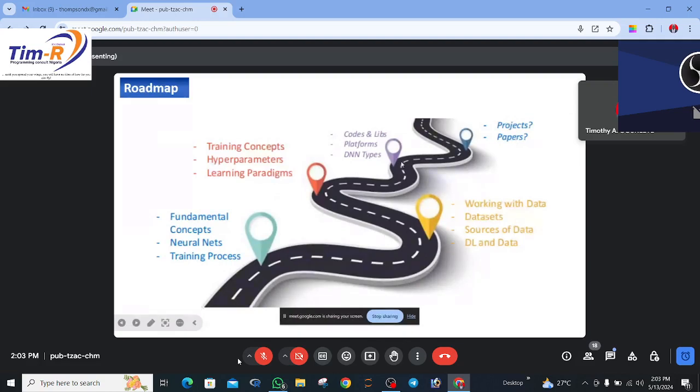So this is our roadmap, and we are done with one, two, three. We are moving to four, and then the last part, which is five. This is where we will eventually end the training, and there's a reason for that. This part is for interested people that want to go further and do their project.